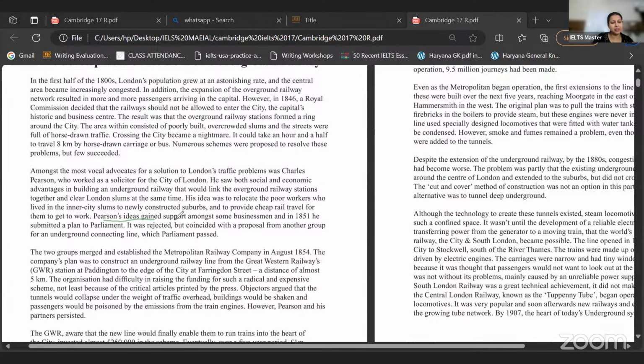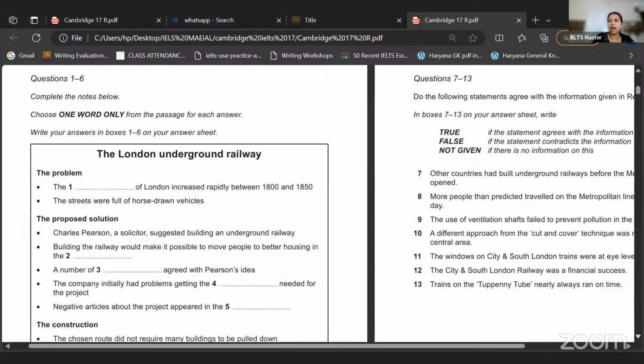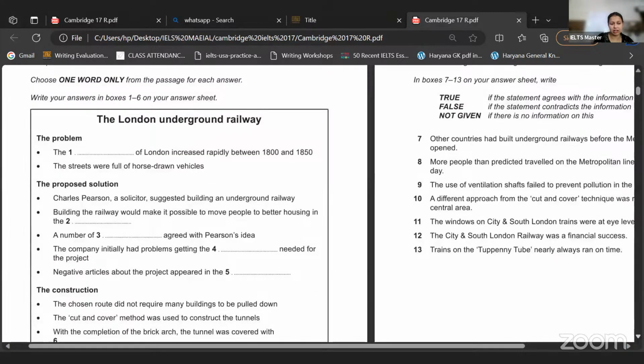Pearson's idea gained support amongst some businessmen. Some means a number of. Who? Businessmen agreed with Pearson's idea. So what will come? Businessmen will come.